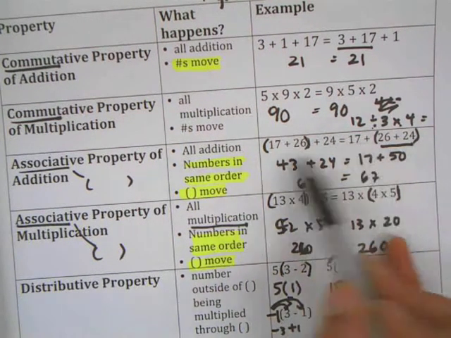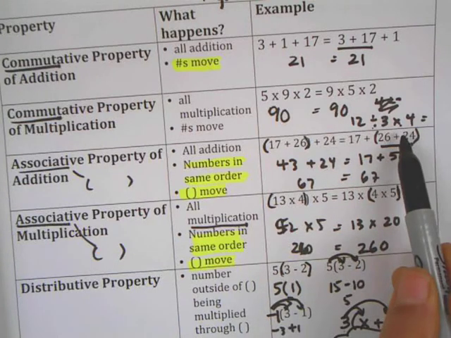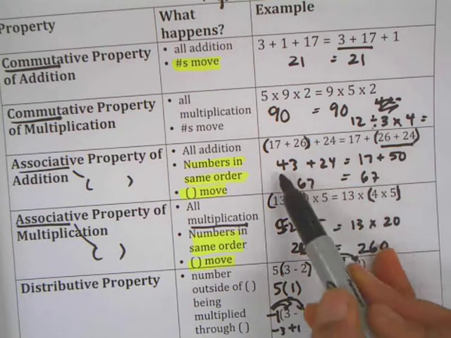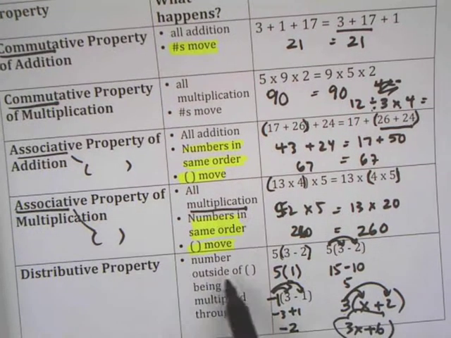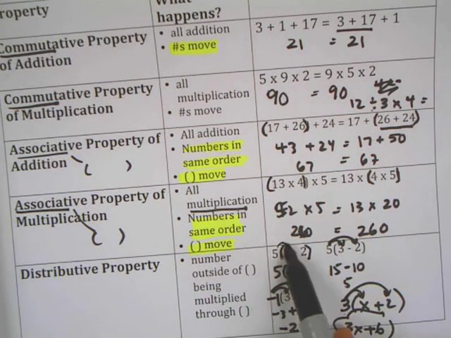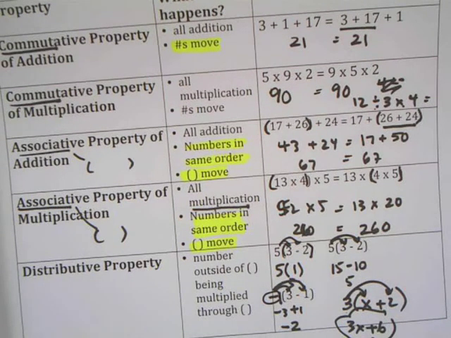Associative property, once again, who are you hanging out with? Numbers are in the same order, but the parentheses move, and then that helps you to add things that are going to be a little easier. So like 50 is a lot easier than 43 plus 24. And then the distributive property, a number outside of the parentheses, and then multiplying it through the parentheses. And be also careful to take the sign if there's a sign outside of that.